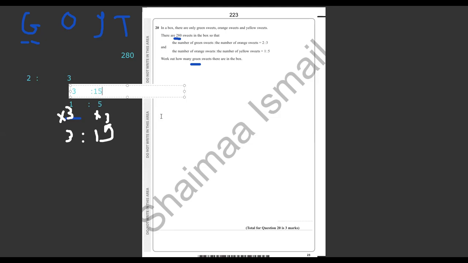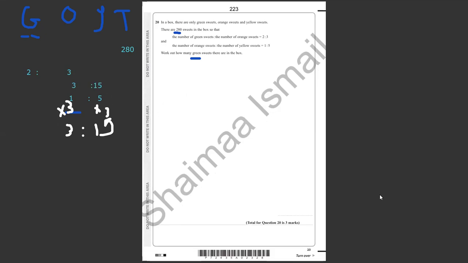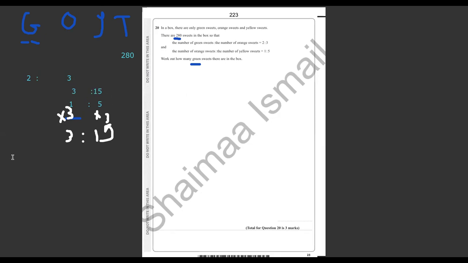Now we can line up the whole ratio. So here you can say 2, 3, 15, which is green to orange to yellow to total.